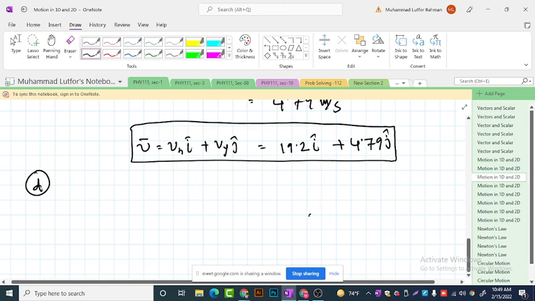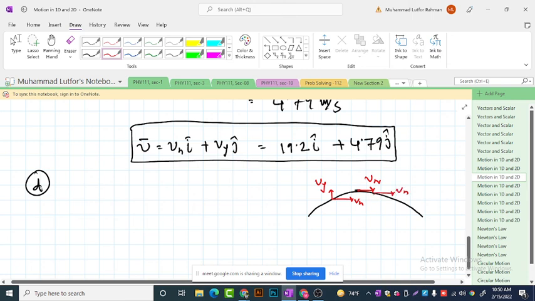If I say this is the trajectory, this is the top point. Before reaching the top point, this will be my Vx and this will be my Vy, right? At the top point, I have only the Vx. Just after crossing the top point, Vx would be this one.